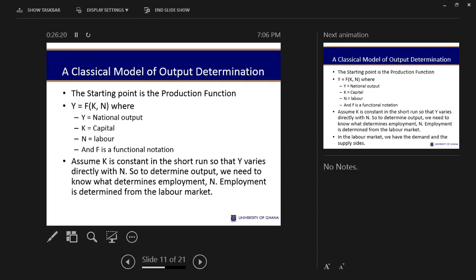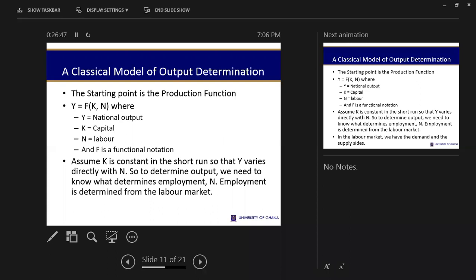So if K is constant, then it means that Y varies directly as what? As N. Okay, so it means that now national output only depends on what? Labor. So this means that if you want to increase your national output, just increase the number of labor units that you've hired.